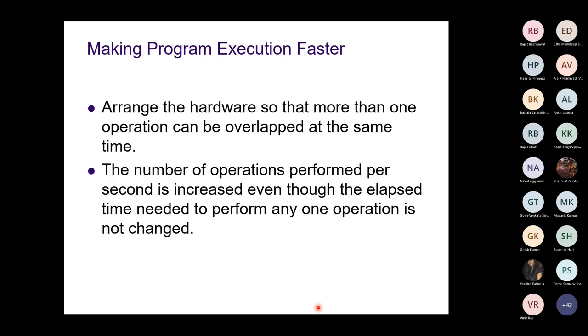The basic idea is you arrange the hardware so that more than one operation can be overlapped at the same time. Since we are talking about multi-cycle implementation, we would see that at some instant of time, maybe all stages are busy: instruction fetch hardware, decode hardware, execute hardware, memory hardware, and write back hardware. All of them might be busy at the same time.